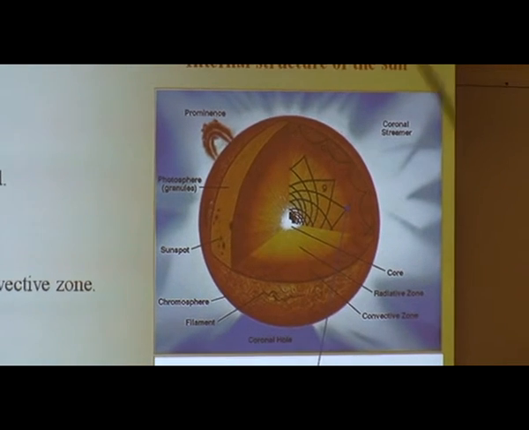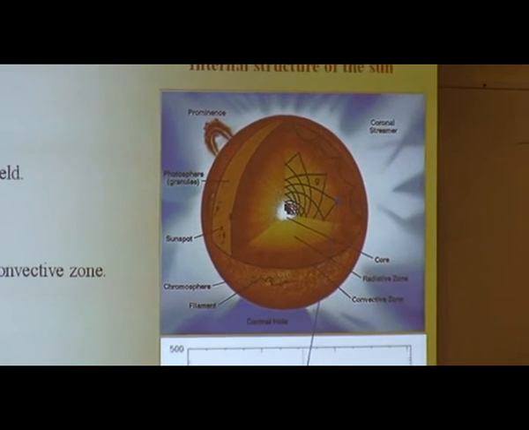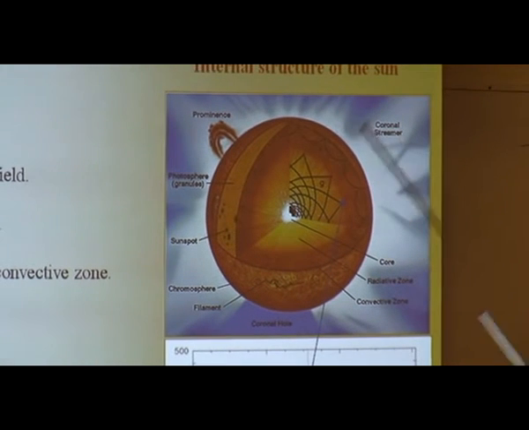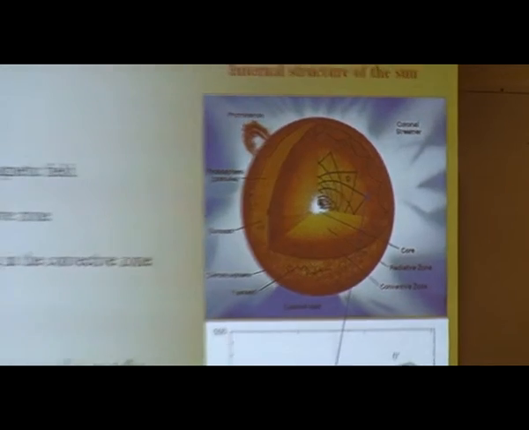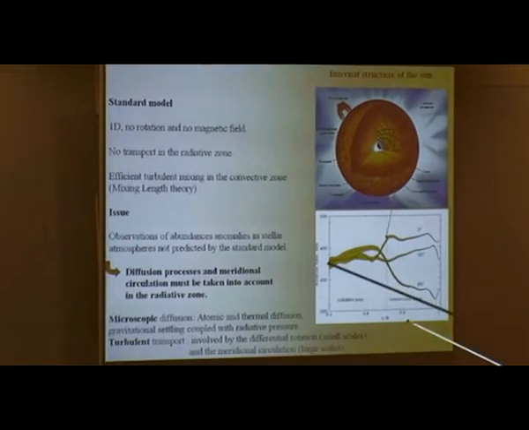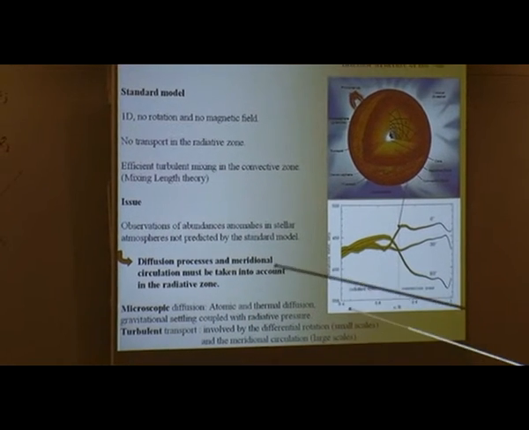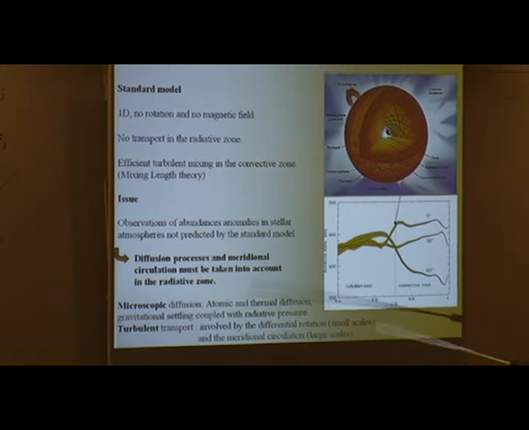To summarize, you have two kinds of diffusion. You have the microscopic one, related to atomic thermal diffusion, gravitational settling coupled with radiative pressure, and the macroscopic one, which is my concern, related to turbulent transport.